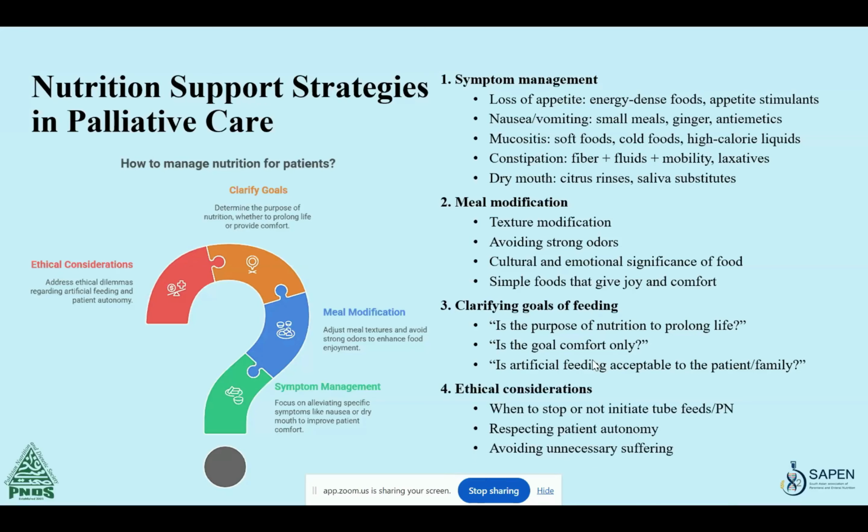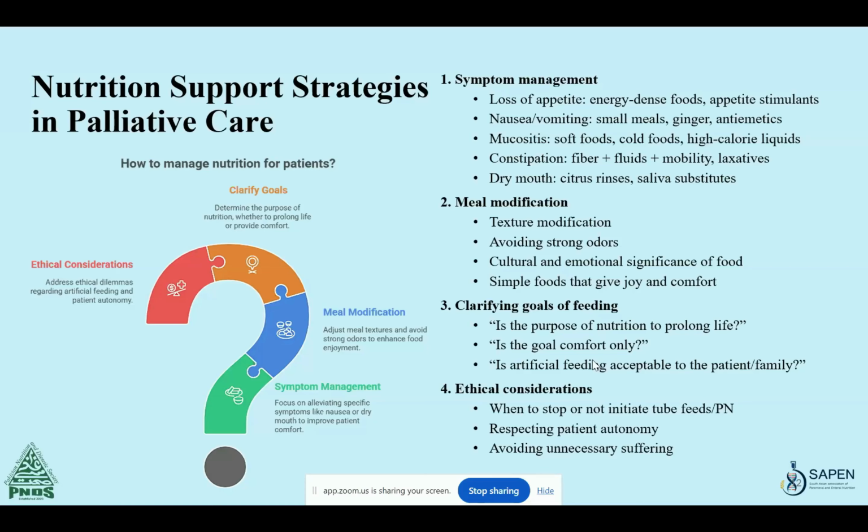And then the ethical consideration: when to stop or not initiate tube feedings. It is not always possible. Of course, as dietitians, we know that tube feeding sometimes serves as life saving or condition saving. But if the patient does not agree, if it is causing discomfort to the patient, if the family does not agree after so much counseling, explaining pros and cons, we should respect them.